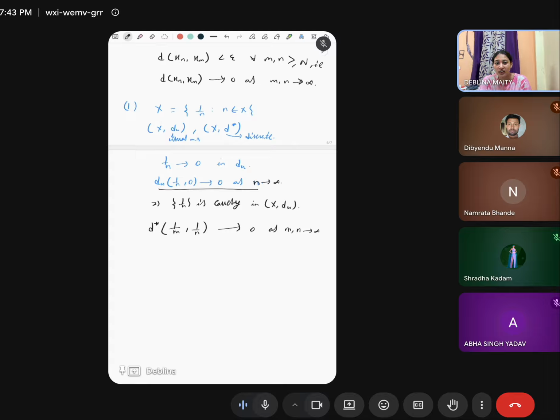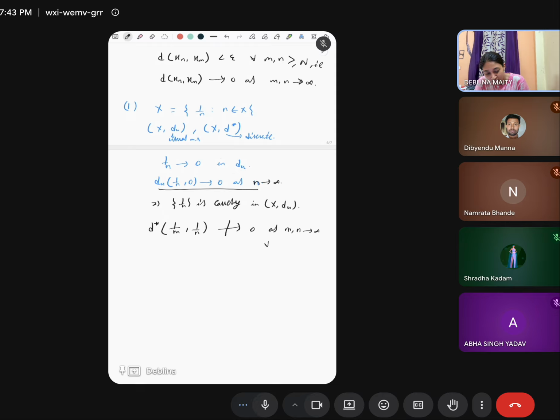If m is not equal to n, then d star of 1/m and 1/n is 1, so this can never go to 0. So this does not go to 0 as m, n go to infinity.